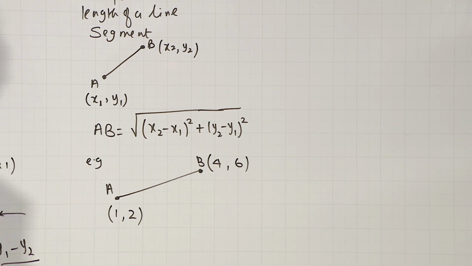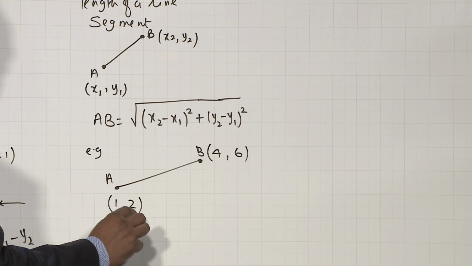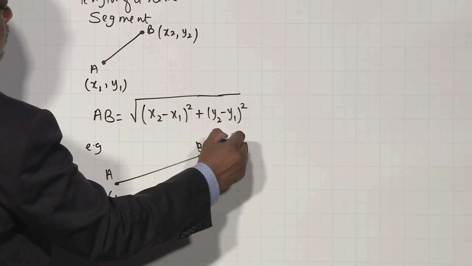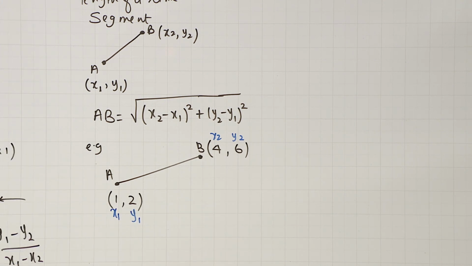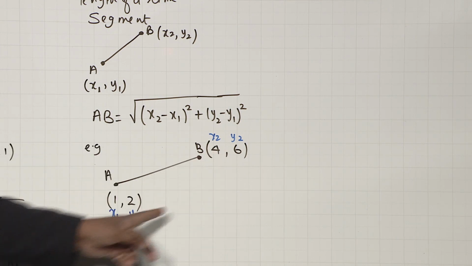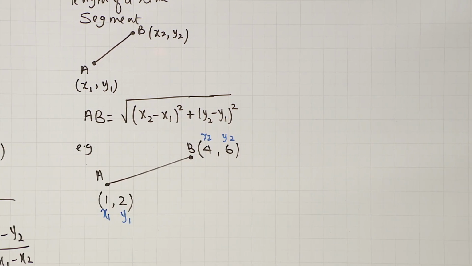What I'm going to do is label this as x1, y1, x2, y2. Of course, a common question: could I have said this to be x1, y1 and this one to be x2, y2? Yes, you can. There's no problem.